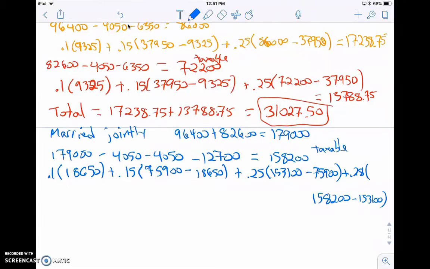So again, add and subtract there, and then multiply everything out, sum, and do all that good stuff in there. And you're going to get a tax burden of $31,880.50.